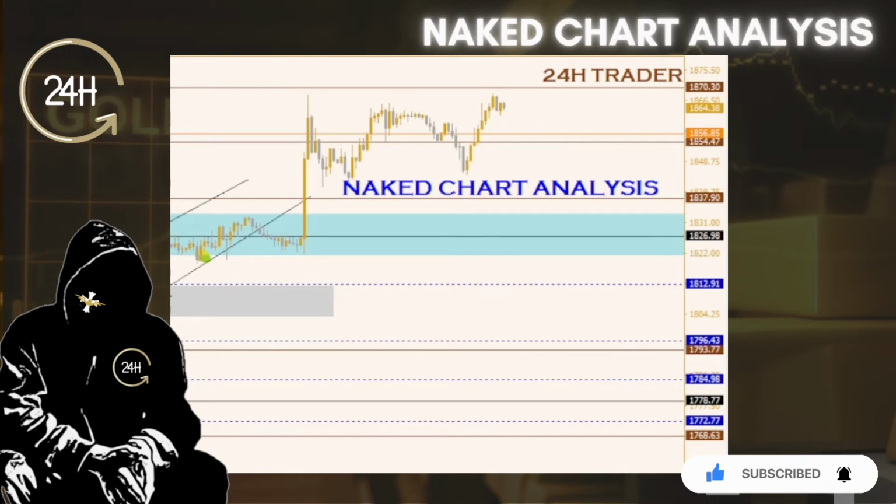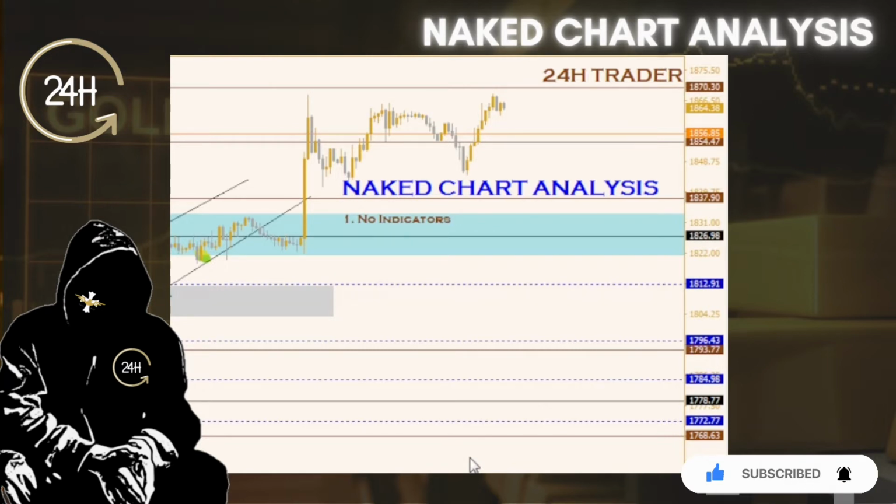So the typical way you identify a naked chart analysis is that we don't use indicators. That is the number one rule. I had tried different indicators in the past, and I found out that there is a lack of accuracy in the indicators.